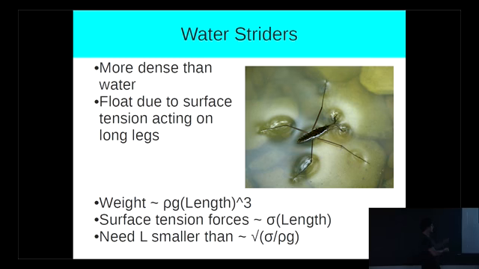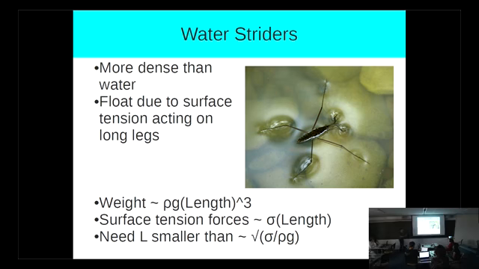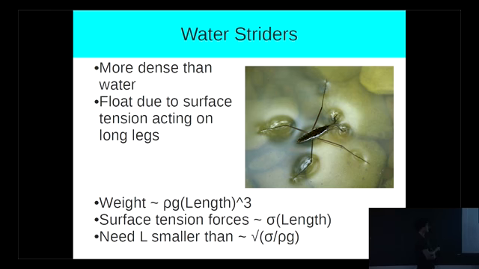If we look at how these forces scale with size, if we assume the water bugs scale isometrically, then the mass of the bugs and their weight will scale as length cubed, and the surface tension force will scale as length because it will be the surface tension integrated around that contact line.